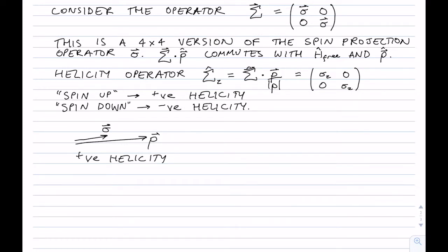We can think of that spin, using the right hand rule, like so. Whereas for negative helicity, you've got the momentum in this direction, and the spin will be in the other direction, like so. And that's negative helicity.